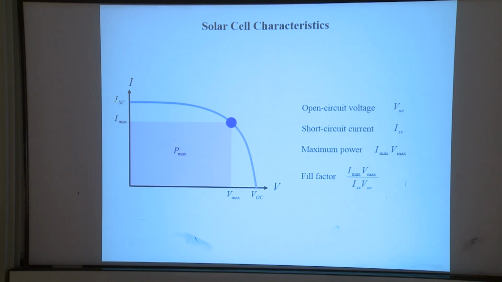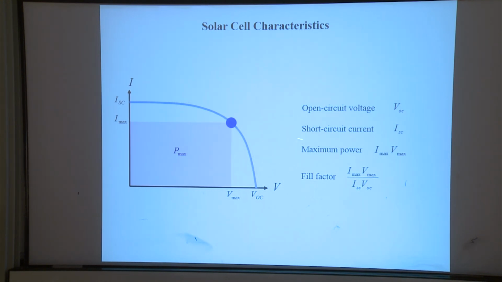And ISC, even though we cannot find the point at this point, we know we have maximum current output. So there are possibilities that we might be able to have a current as high as ISC. So we put this at the bottom and this at the top.